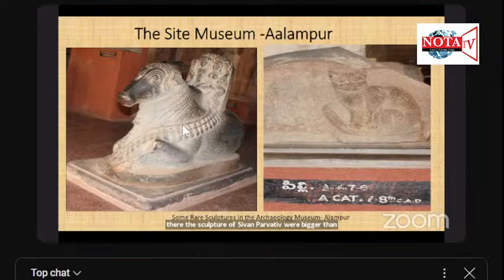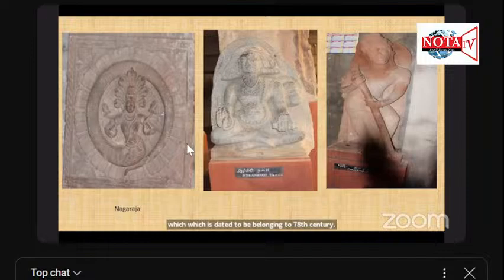In none of the temples which I have visited in Telangana so far have I seen these types of sculptures, which are rare and which I found very interesting. And then there is also a sculpture of a cat, dated to the 7th, 8th century. The museum also houses Nagaraja and also Sthanapati and Dakshinamurti and like that.